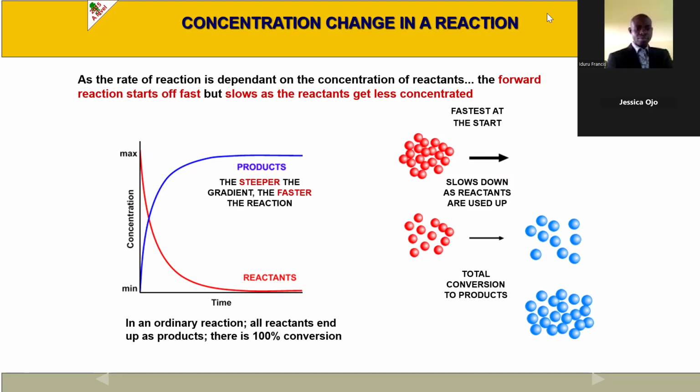While that one is going down, the other line, let's say the blue line, is minimal at the start. It will be increasing and increasing until the full product is formed. So it becomes steeper as the product is forming and forming.